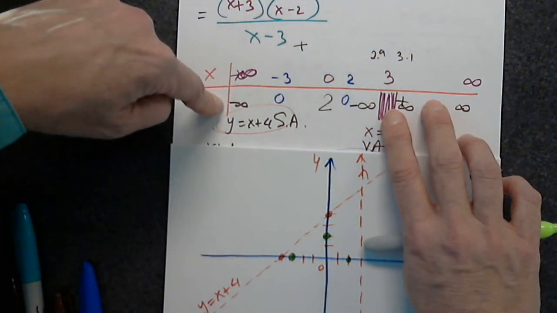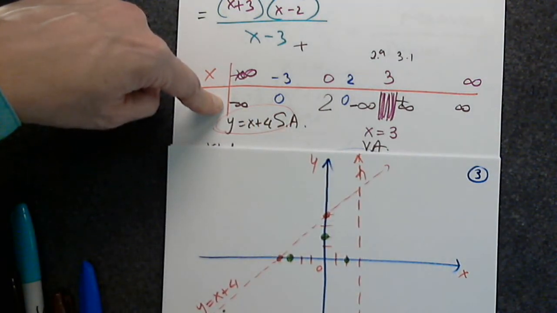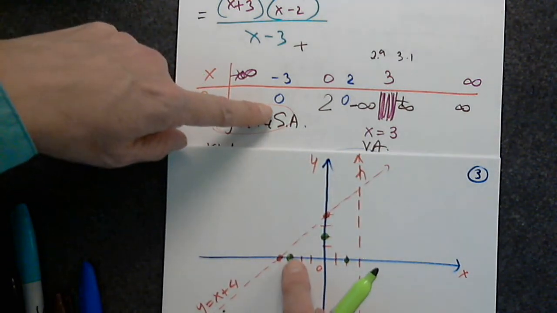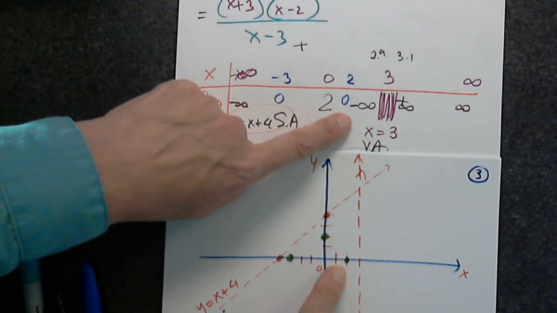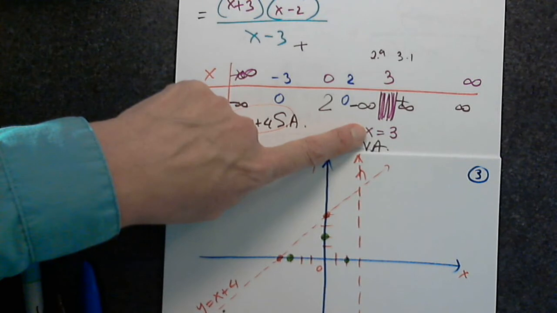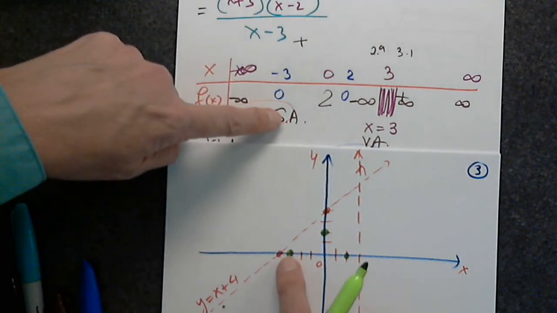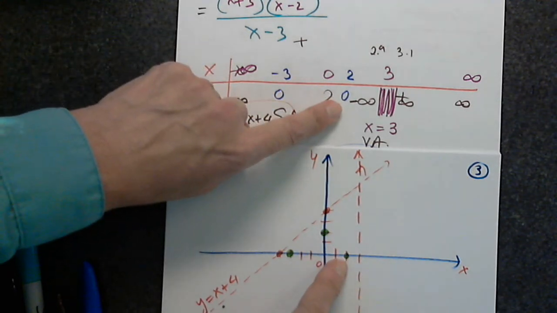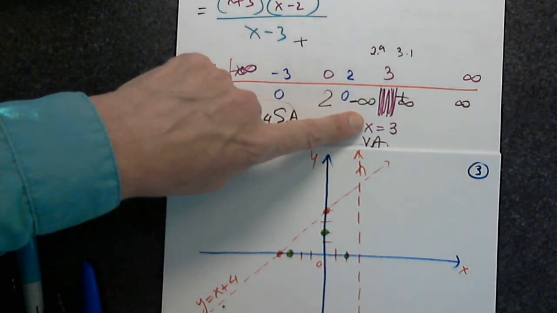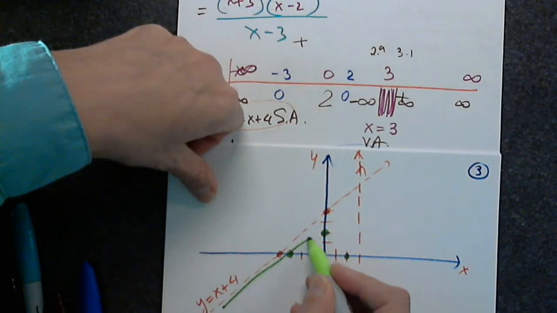It's coming from -infinity, has to approach the asymptote. It crosses at -3, 0. It crosses at 0, 2. It crosses at 2, 0, and comes towards -infinity. One more time. From -infinity up to -3, 0, up to 0, 2, down to 2, 0, and down to -infinity. That's it. So that's that part.